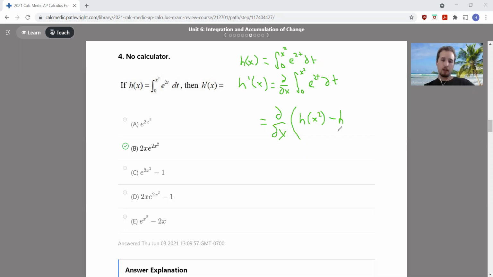Actually, it's not quite right to write that. I'm just going to call this big F to represent that this is the integral that we've already taken. And actually, I'm going to call this big H. Makes more sense to do that.